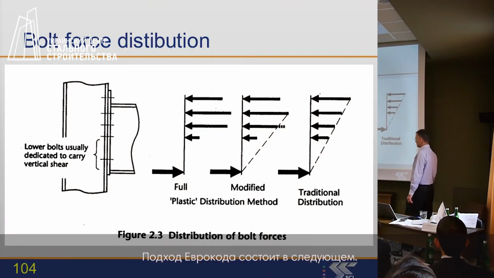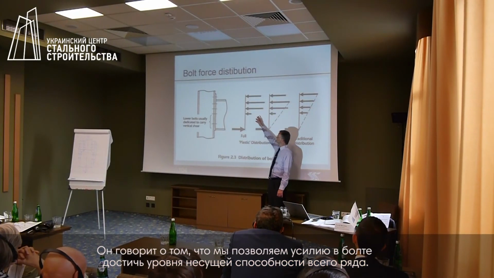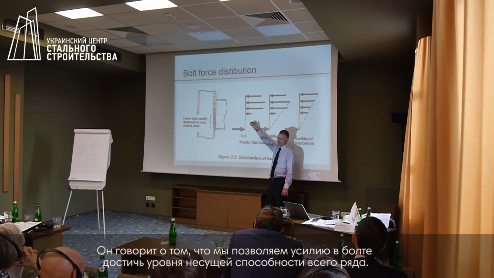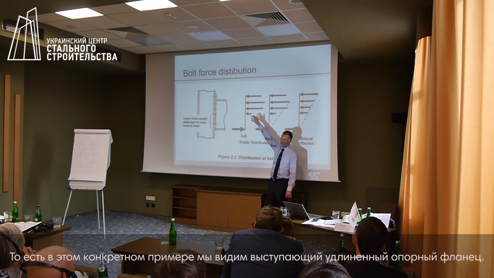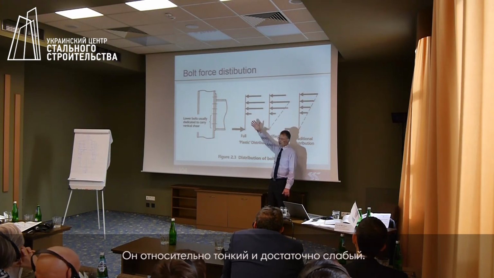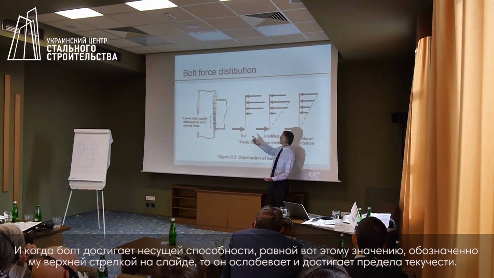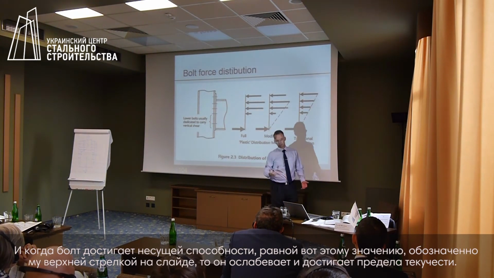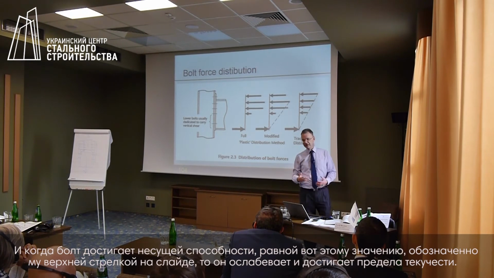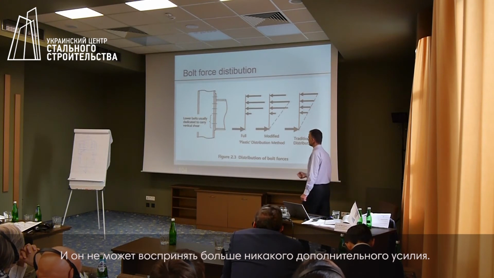The Eurocode approach is to say we will allow the bolt force to reach the resistance of the row. So in this particular example, you'll see there is an extended end plate. The extended end plate is relatively thin, relatively weak. So once the bolt has reached that sort of resistance, indicated by the top arrow there, it then starts to yield, and it doesn't accept any more force.